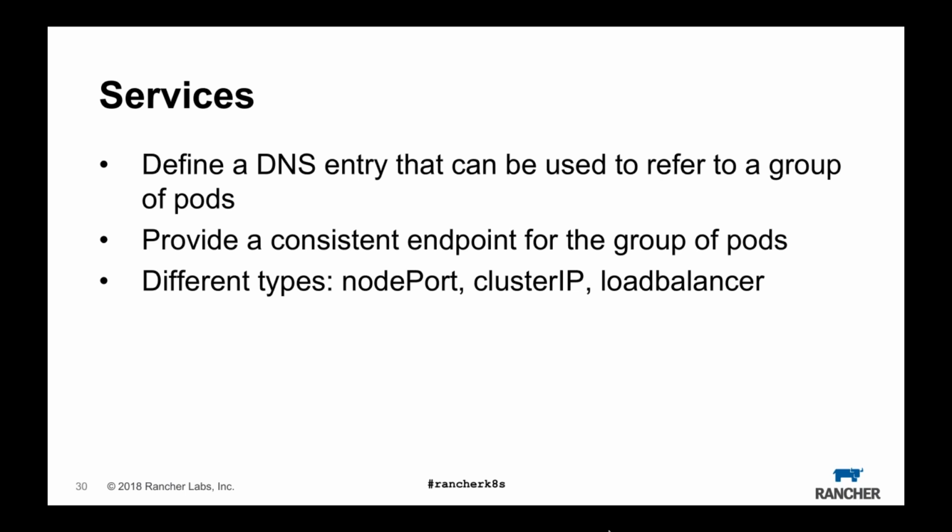There are different types of services in Kubernetes. There's node port, cluster IP, and load balancer. So cluster IP service gives your service an internal IP address, which is reachable from anywhere within the cluster. This is not reachable from outside the cluster.